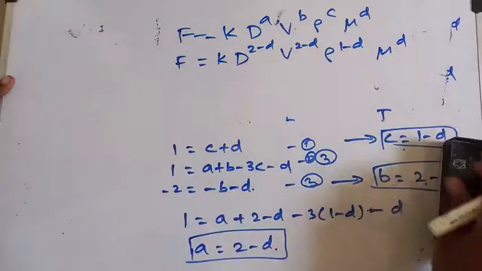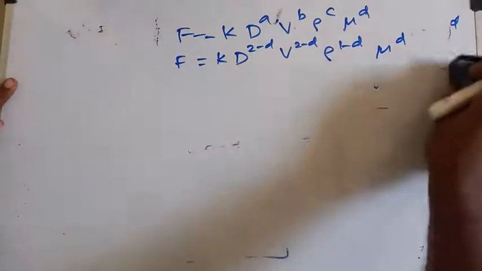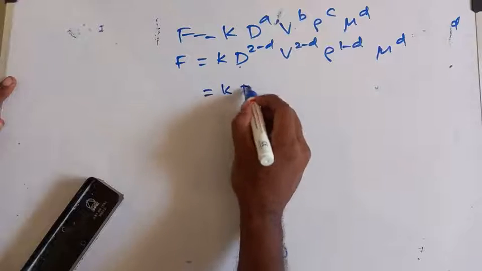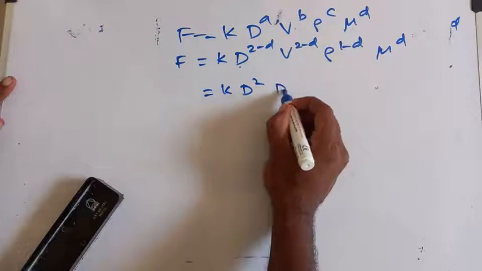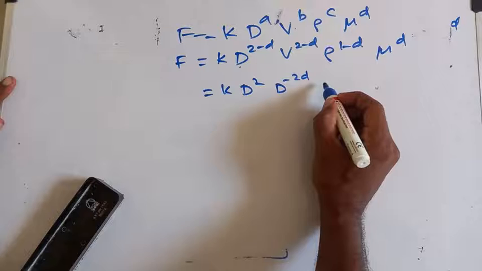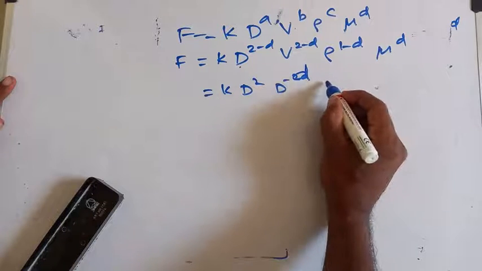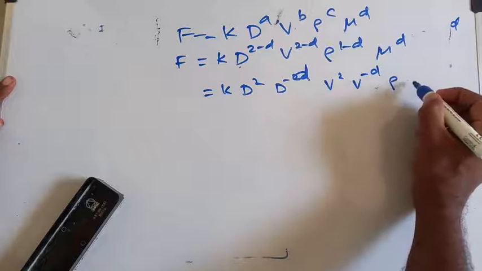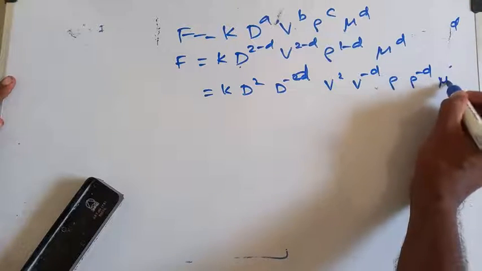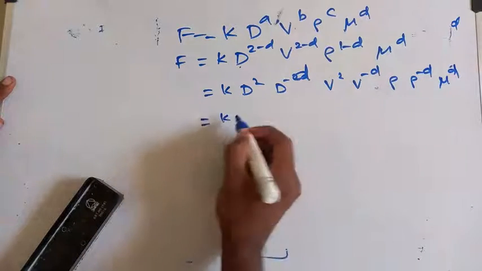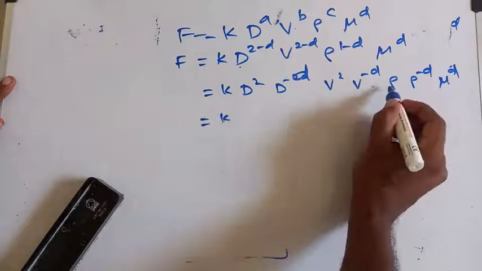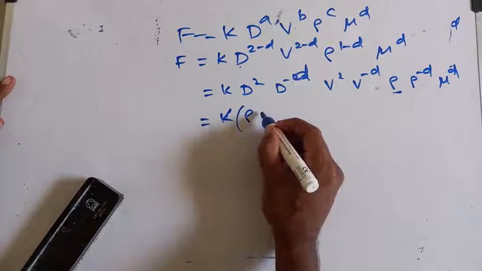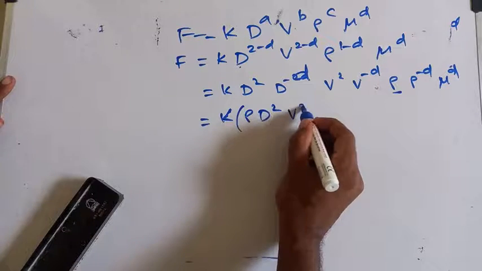Okay, in this again I am splitting constant terms and d power terms. So k into D square, D power minus d, V square, V power minus d, rho power minus d, mu power d. So k into, I am writing the remaining constant things here, k into rho D square V square.